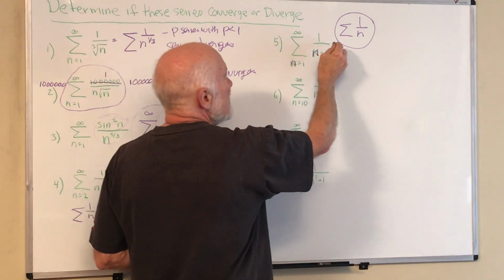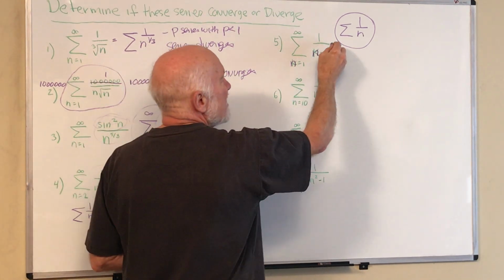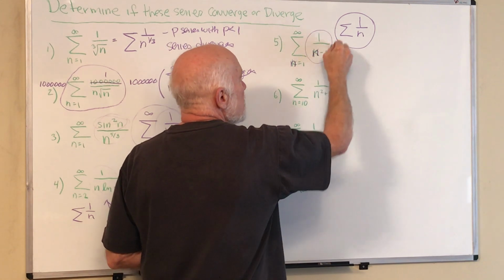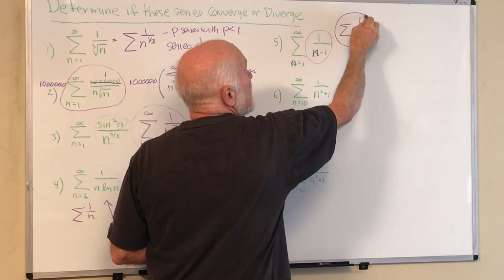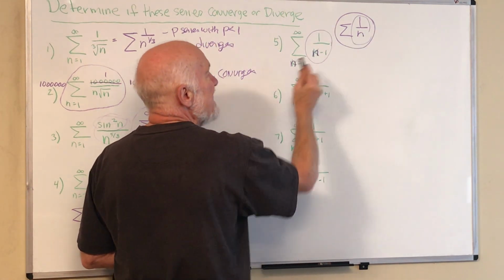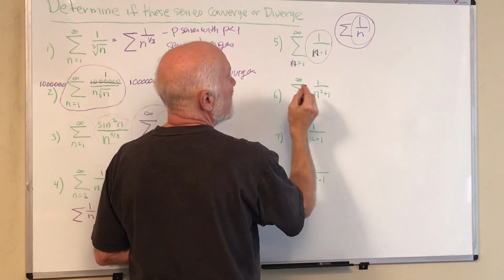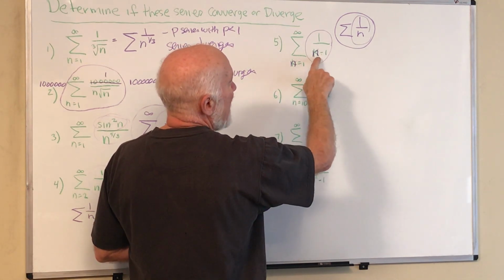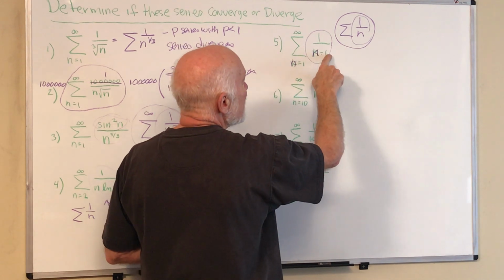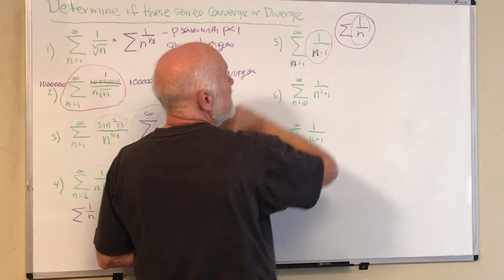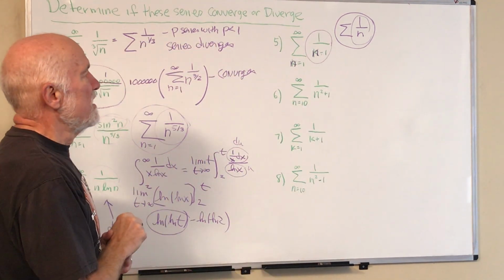So we have to see, can I use a comparison test? Are these terms larger than these terms? And yes, because of that minus sign there. If I make the denominator smaller, it makes the whole fraction bigger.